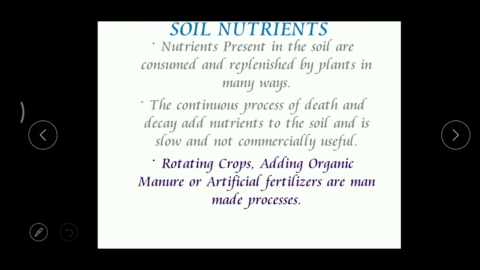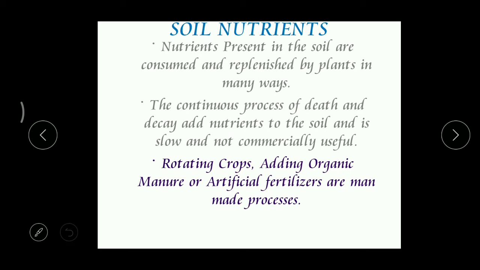When one crop is over, some salts have been used up by the crop. So for the next season, can you find the same quantity of nutrients in the soil? No, somewhat less.